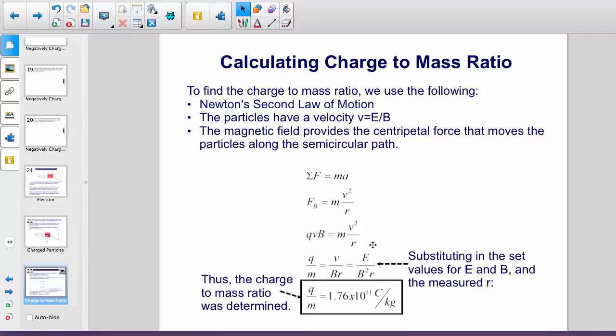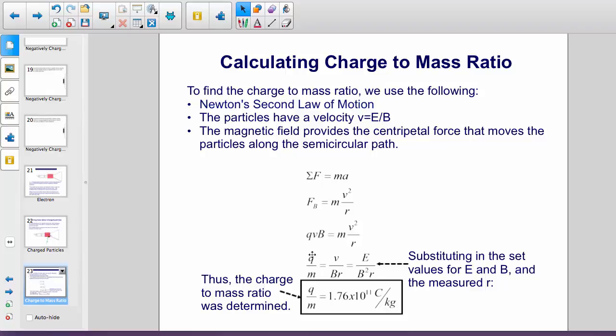We can rearrange this for q over m, and we find that it is equal to v over B times r. If we then substitute for the velocity, E over B, we have that q over m is equal to E over B squared times r.